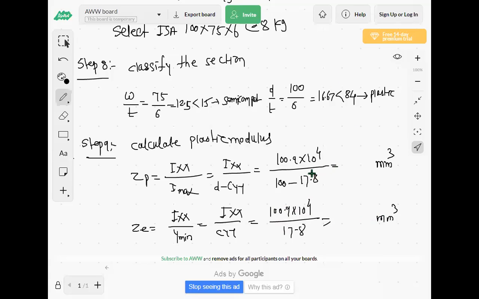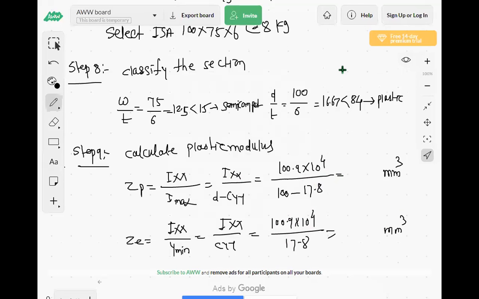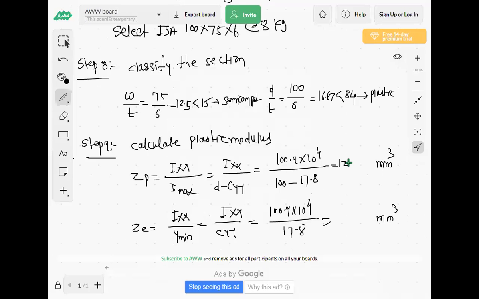So first tell me the ZP value. So ZP is 12,274.93.